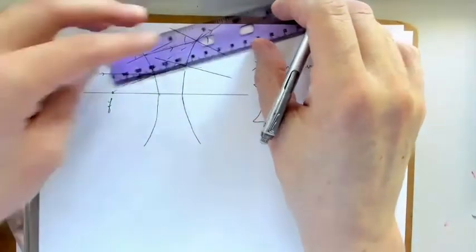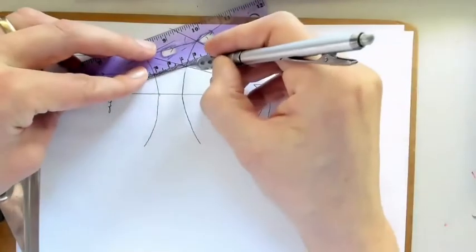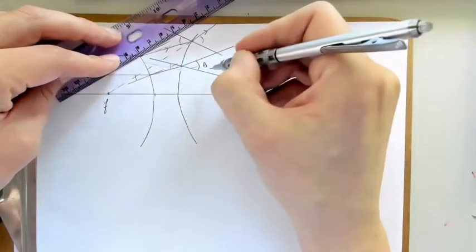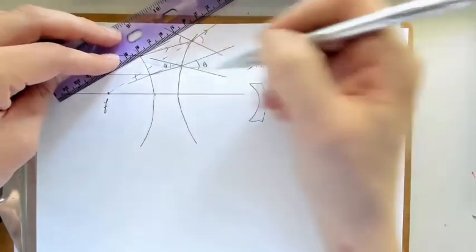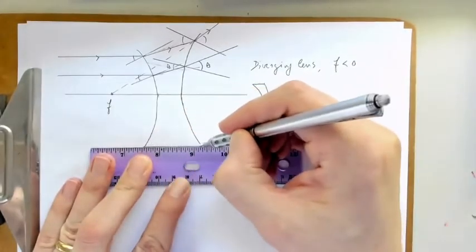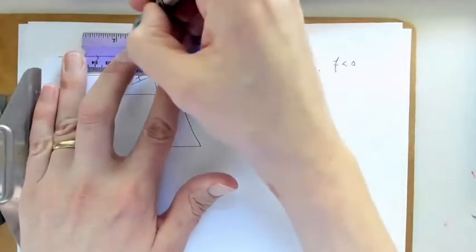So let's call it like this. And now I'm going to cheat because I want it to actually come from the same point. There we go. And here's the theta. And these are connected.